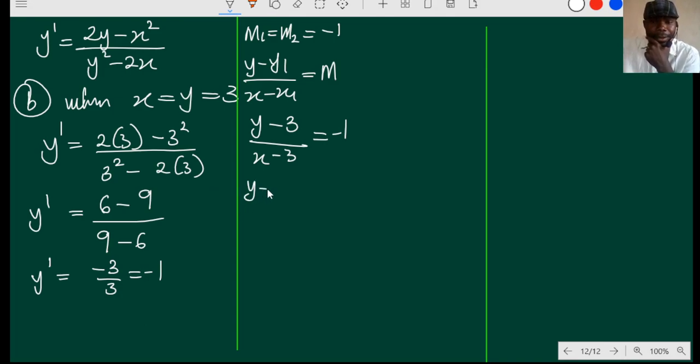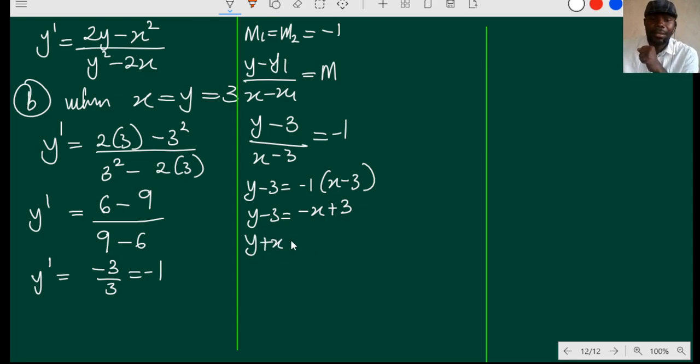We have y minus 3 is equal to minus 1 times (x minus 3). So y minus 3 is equal to minus x plus 3. So we have y plus x is equal to 3 plus 3, making y plus x equal to 6. So that is just the equation of the tangent.